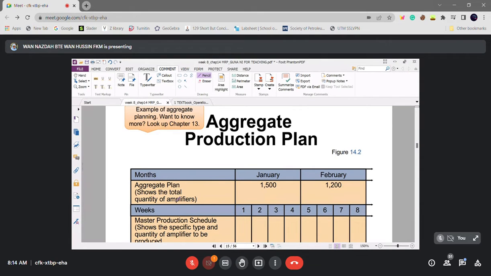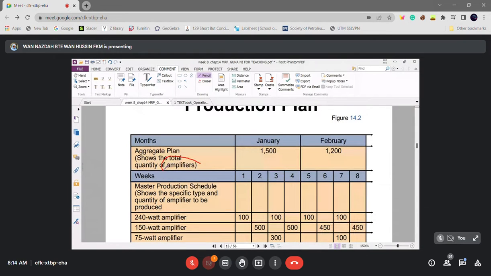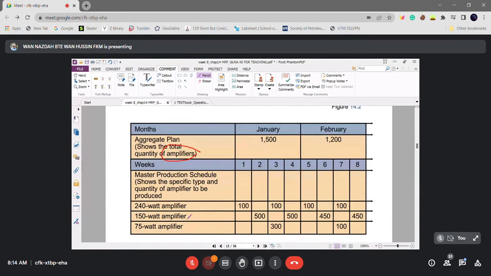The example given here is amplifiers. How many amplifiers have been produced by the company? There are 3 types of amplifier: 240 watt, 150 watt, and 75 watt. So the aggregate plan combines all types of the models in a month.